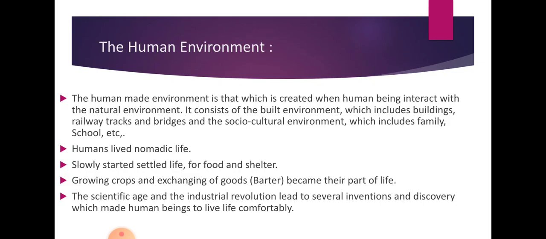So yes, it is human made, but the main source, the resource or the raw material, they get from nature, such as for building railway tracks and bridges. All these things are made by human beings, but the basic material which they use for constructing these things, they get from nature only.